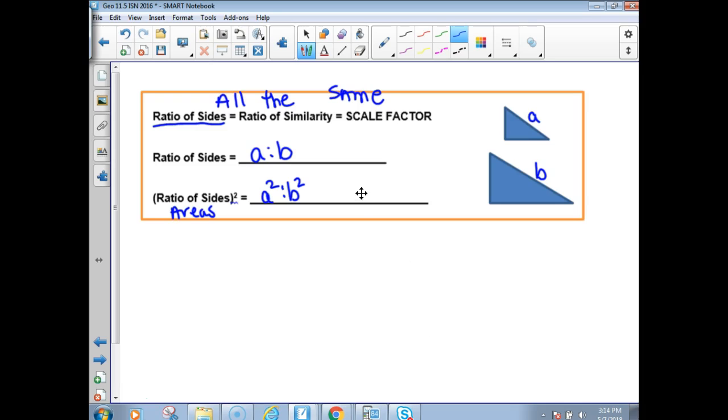All right, if you wanted to go backwards, we decided that you would need to take the square root of A squared, square root of B squared, and that would put you back to A to B. I hope that makes some sense, and you can know that if you want to go back to the ratio of the sides and you were given areas, you have to take the square root.